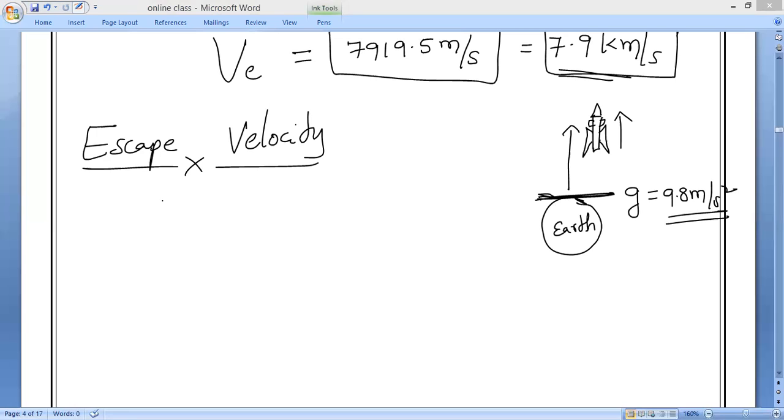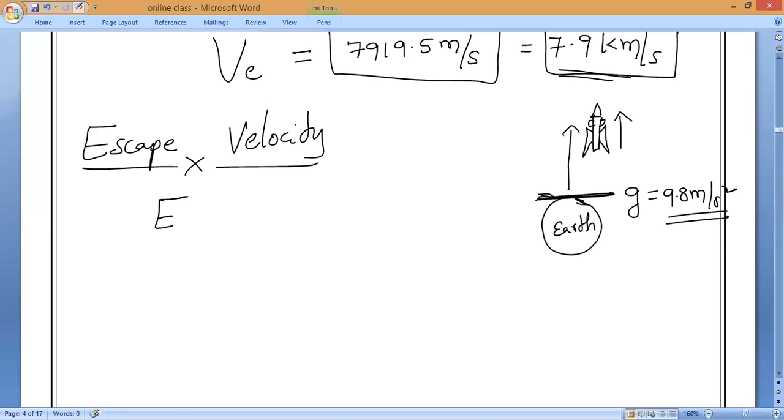Escape velocity, I will take it as EV, the escape velocity of Earth. So no confusion, you can take escape velocity as VE or EV, whichever is convenient.